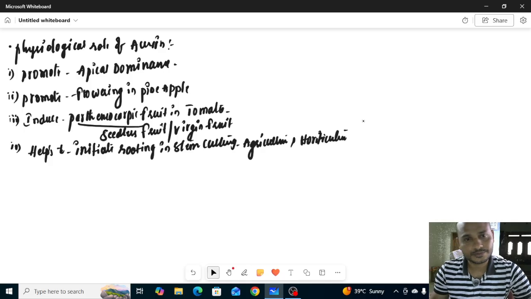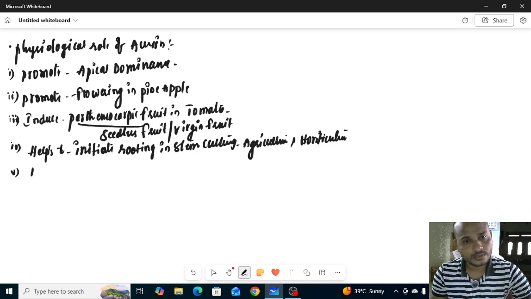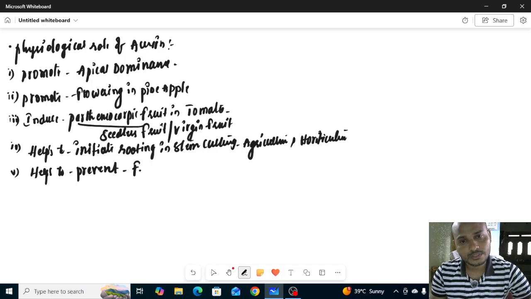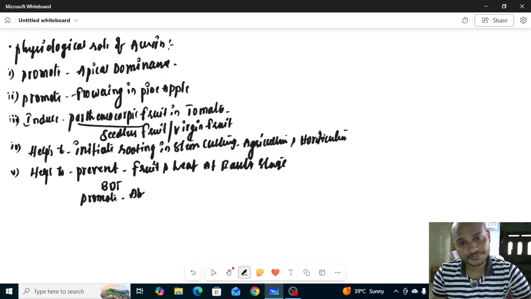Horticulture industries. And most important, it helps to prevent fall of fruit and leaf at early stage. Very, very important, at early stage. But it promotes abscission.